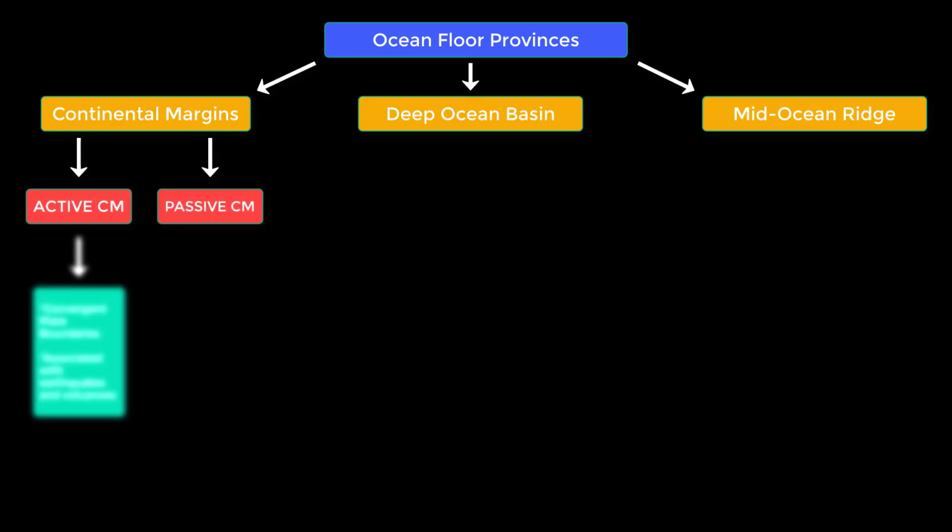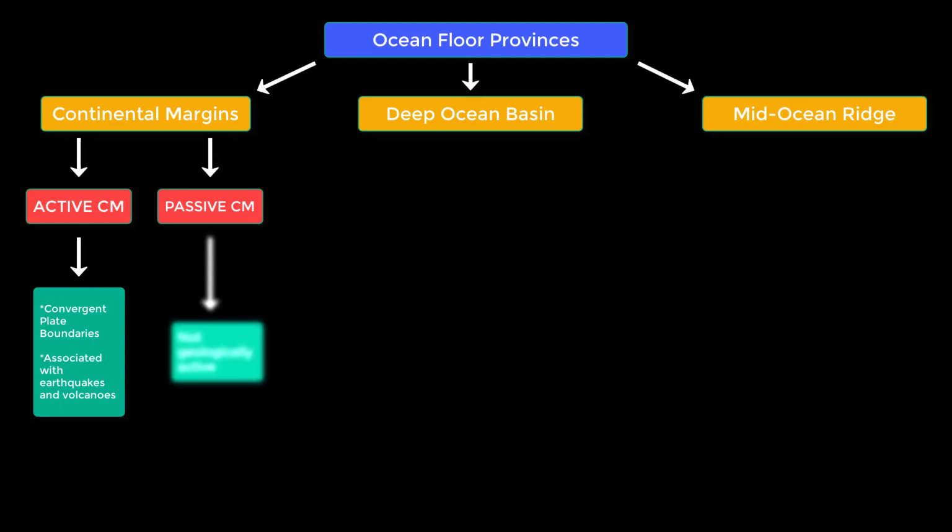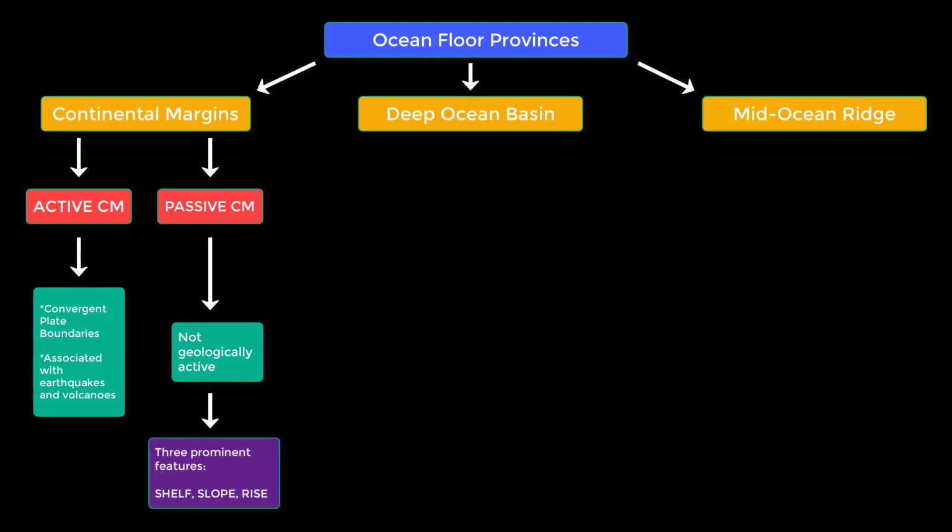Active continental margins occur at convergent plate boundaries, and they are associated with earthquakes and volcanoes. Passive continental margins are geologically inactive, and there are three prominent features to passive continental margins, namely the continental shelf, the continental slope, and the continental rise.